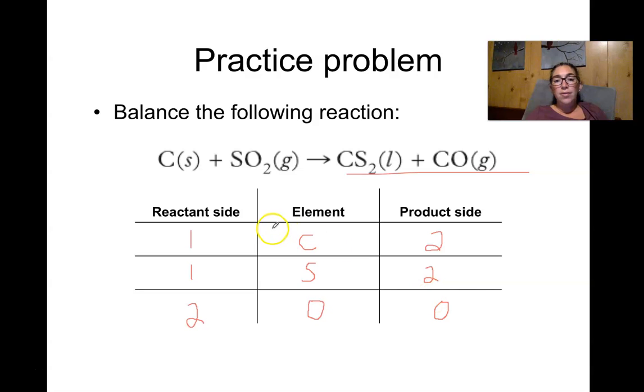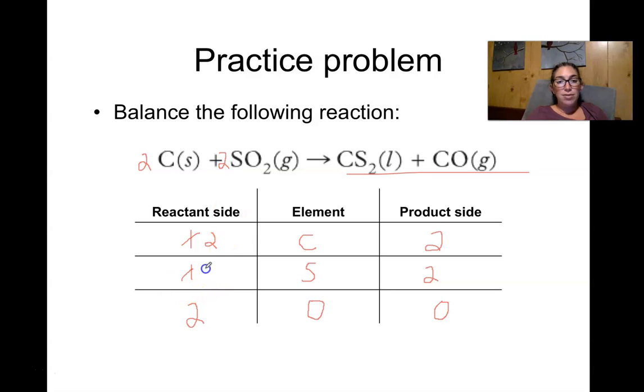All right, so let's just start with carbon. Why not? We start with carbon, we put a 2 here. So now we have 2 carbons. Now we've got to move down the table to sulfur. We have 2 on the product side, we need 2 on the reactant side. So I'm going to put a 2 here.